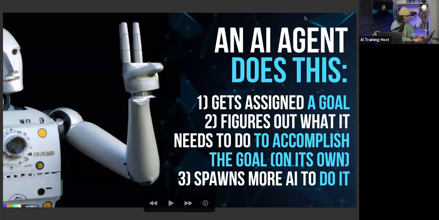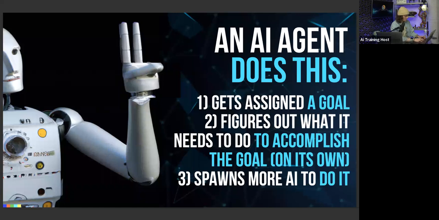So what does it do specifically? 3 things. So first thing is that you give an AI agent a goal. So let's say a goal could be create a successful marketing company that's based on providing AI services, or create a page through SEO that's going to rank #1 and be better than its competitors.